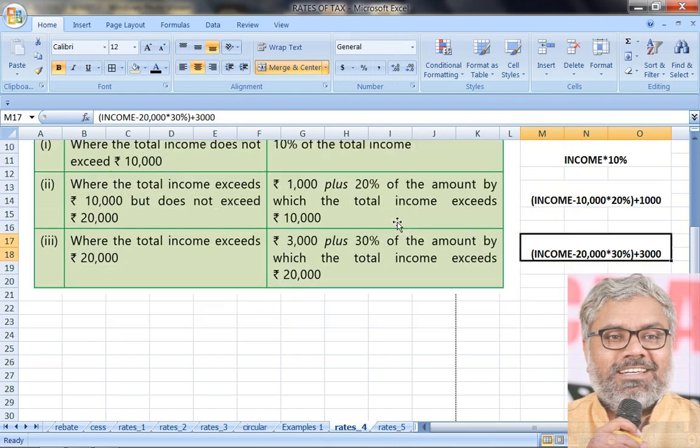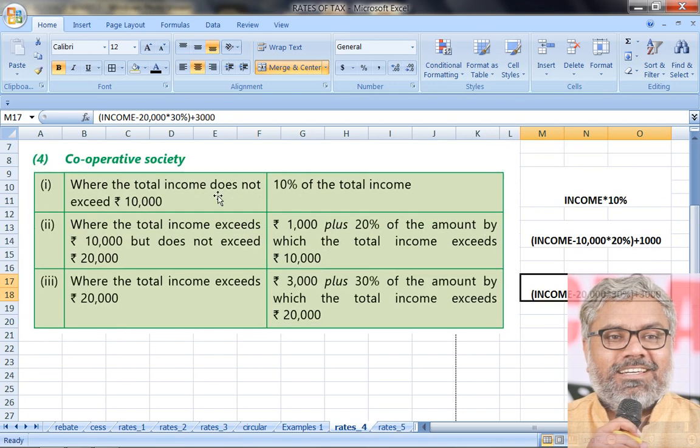So rates, if you observe, 10%, 20%, 30%, directly 10, 20, 30 in sequence they are there. But the only point is you have to also take care of the income tax related to the previous slab always. In the first case there is no previous slab, so directly income into 10%. In the second case there is a previous slab already which has a tax of 1,000, that will be added here. In the third case there are two slabs.